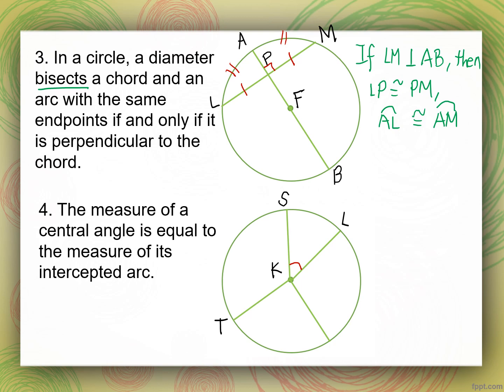So now, based on the theorem, the measure of the central angle is equal to the measure of its intercepted arc. So angle SKL has the same degree measure as arc SL. So if, for example, angle SKL is 35 degrees, then arc SL is also 35 degrees. They have the same measure. Okay.